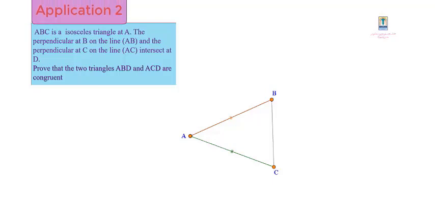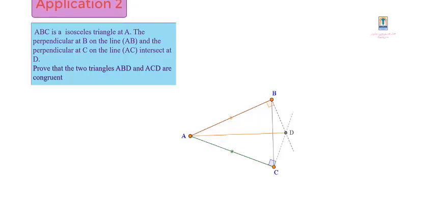Construct the two triangles first, draw the perpendiculars. Now, please pause the video and take about 5 minutes to solve the question before we share the solution together.